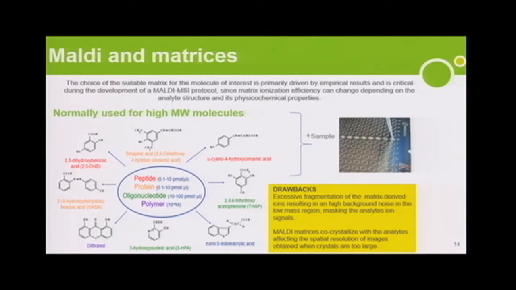Because they also fragment and give some ions. This fragmentation could mask the analyte's ion, okay? Another problem is that these organic matrices could co-crystallize with the analytes, and so the spatial resolution of the image that you obtain is not so good, okay?